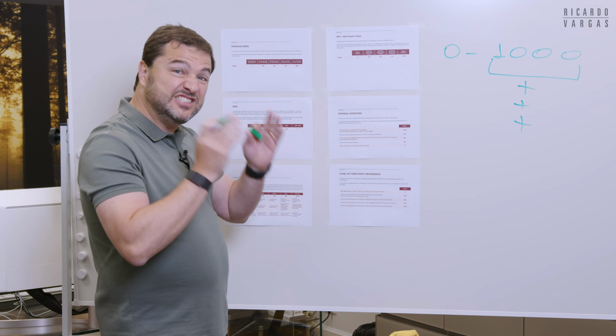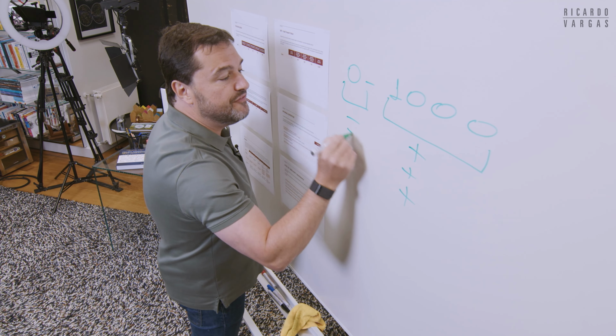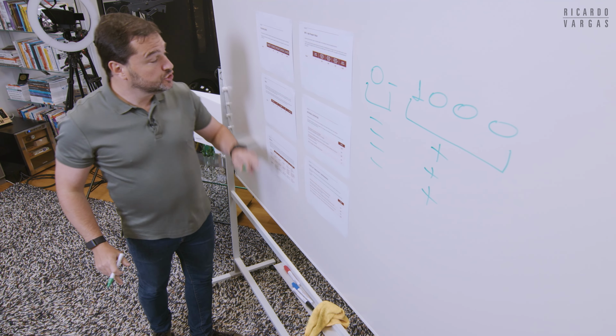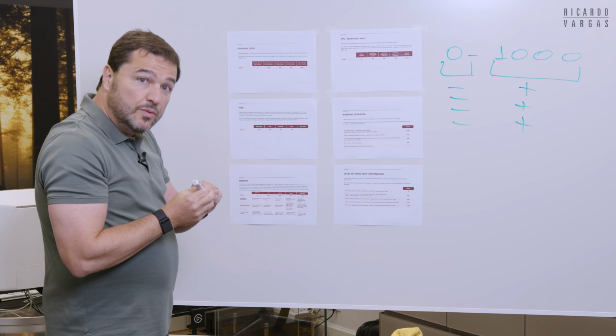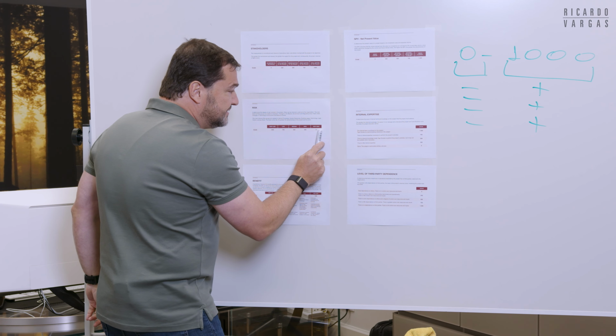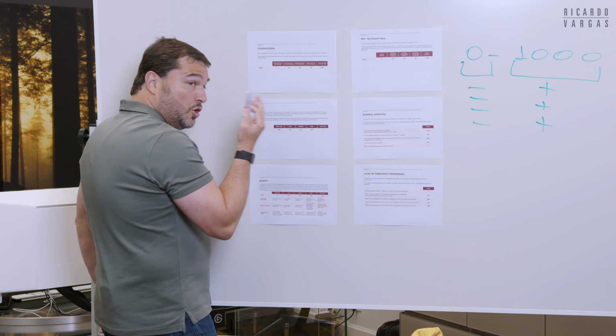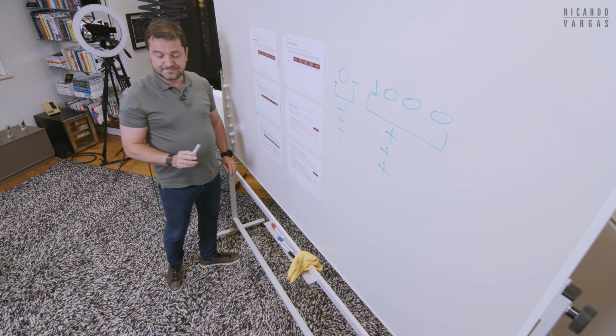It means that project is very positive on that criteria. And 0, very negative. This is something I use all the time. So as the risk increases, I'm talking in terms of threats, the score becomes lower.